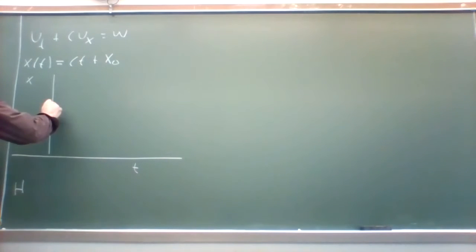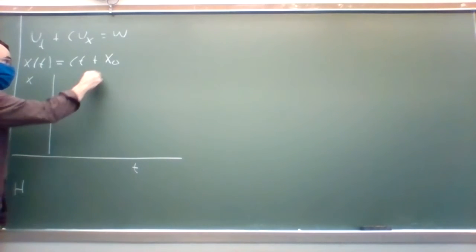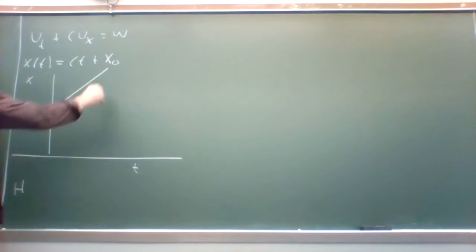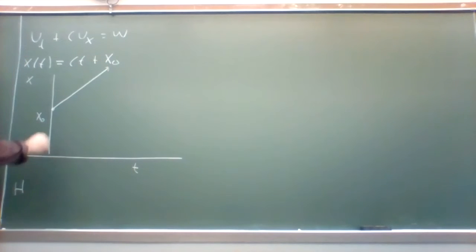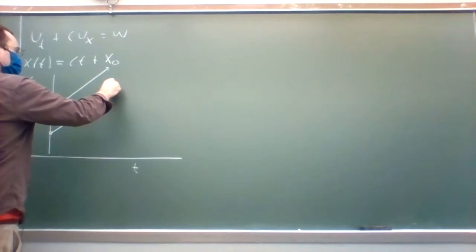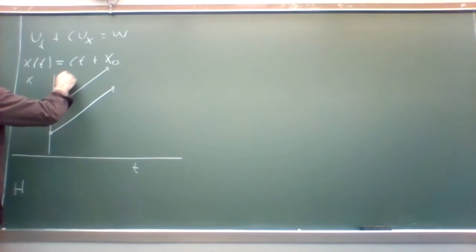You fix some point x naught, and then you look at this characteristic line, which looks like that. And you could pick other initial points too and look at other characteristic lines. It doesn't really matter.